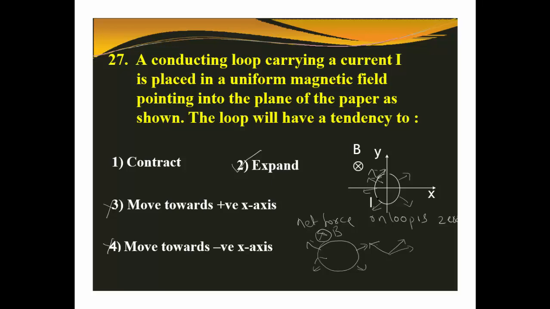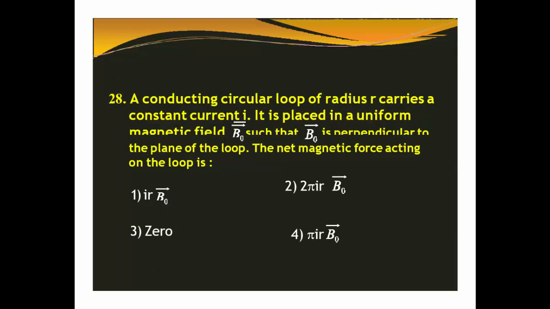If the current is in an anti-clockwise direction, the loop will contract. A clockwise current means expand. So option 2 is correct. Okay, next question.